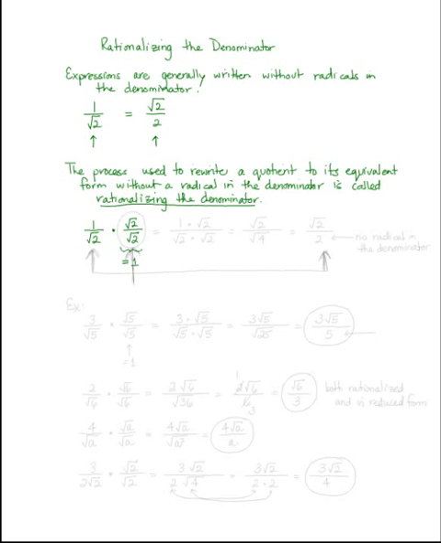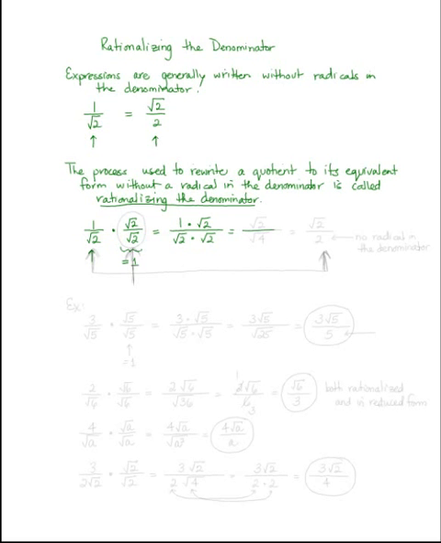Any number divided by itself, or any variable divided by itself, always equals 1. Multiplying any fraction by the number 1 does not change its value, but it can change its appearance. So let's proceed. If we want to multiply a fraction by a fraction, we multiply numerator by numerator, denominator by denominator.